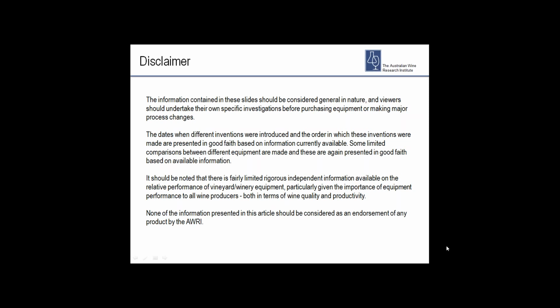The question is, there seems to be a total lack of data on the effect of petioles on quality. Personally, we haven't done any work on this topic.